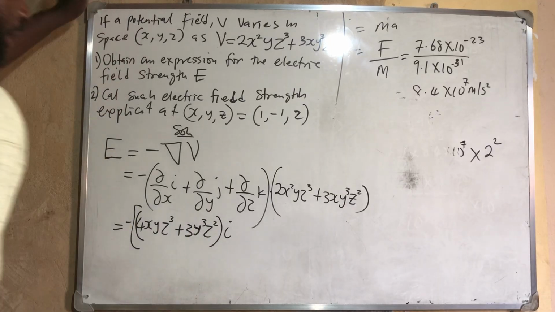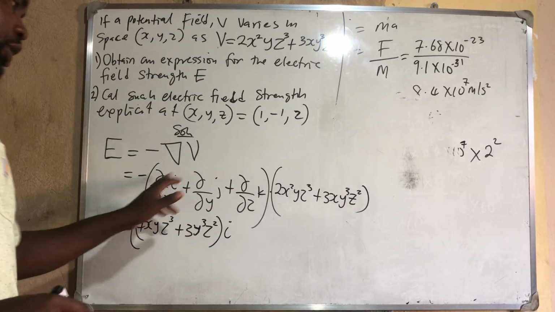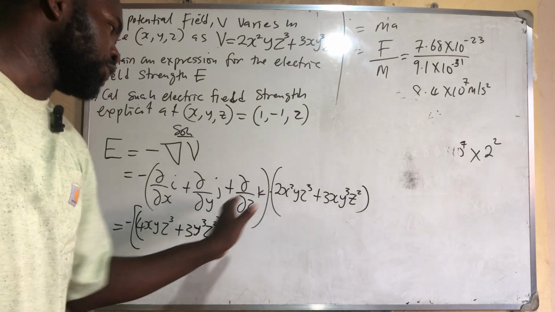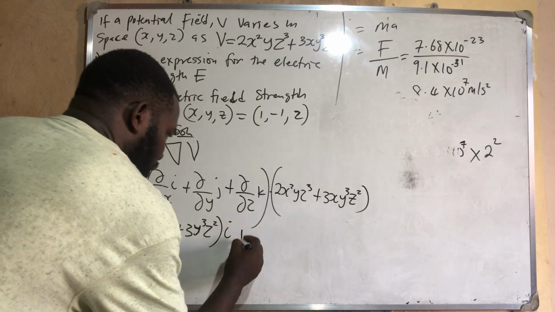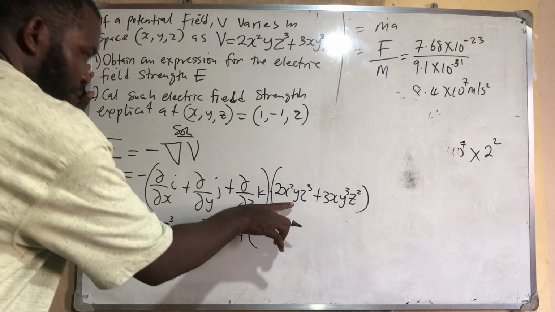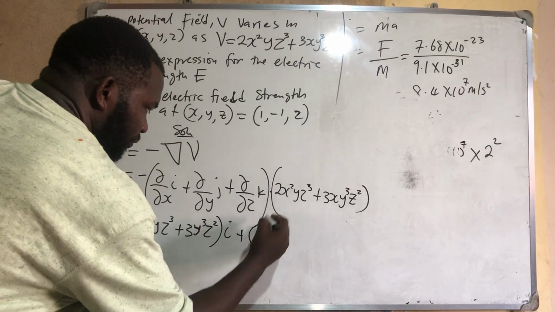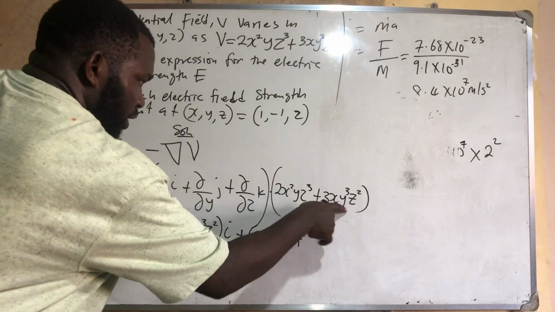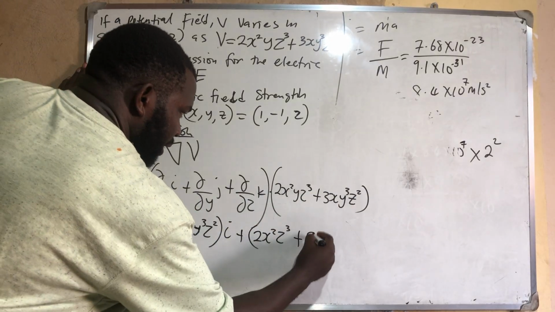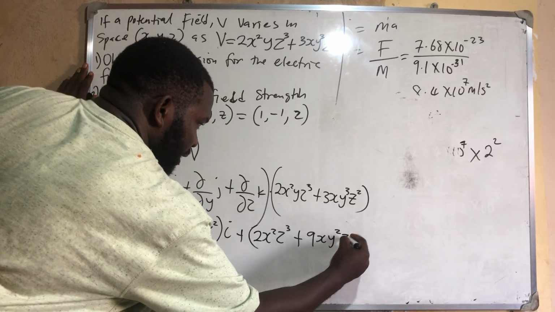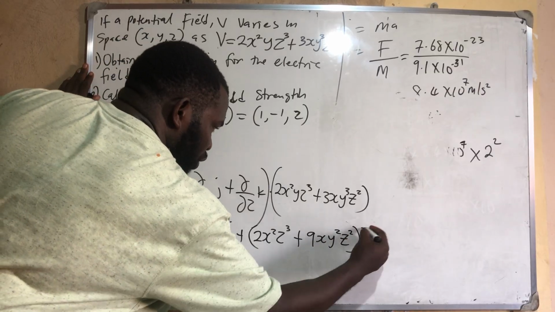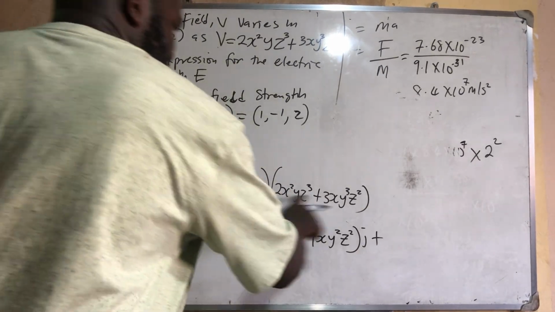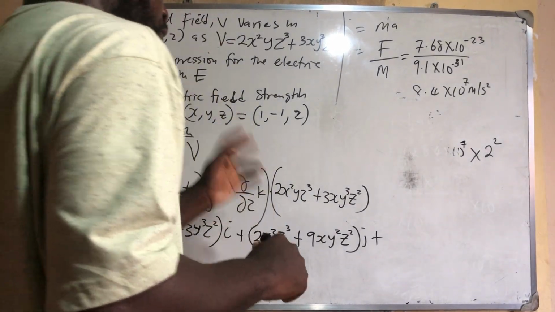All right, I put my i. I am done using this to multiply, so use this to multiply the next one means we are differentiating with respect to y. So you have plus, open bracket again. Differentiate this one with respect to y, I will have 2x squared z cubed plus, differentiate this one, 3 times 3, 9x y squared z squared. You put your j plus, this times the last one means I'm differentiating with respect to z.